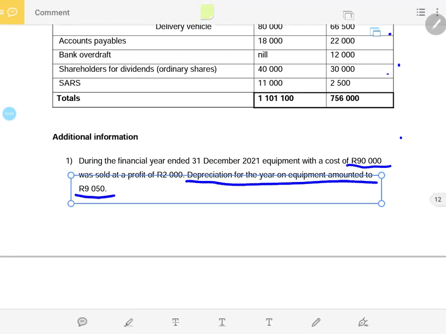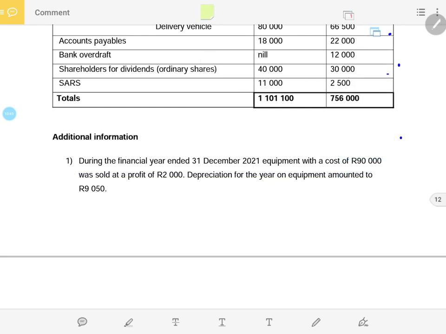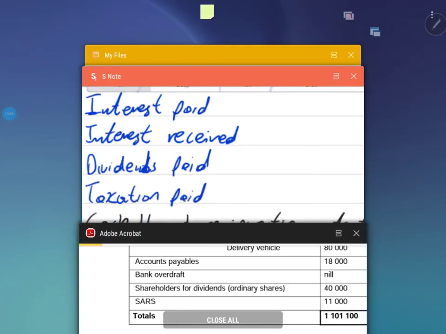Now, let us record this equipment. We need to know the selling price of the equipment. We also need to know if there were any other equipment that were bought or sold during the period. Now let us do the ledger account for equipment as our workings.